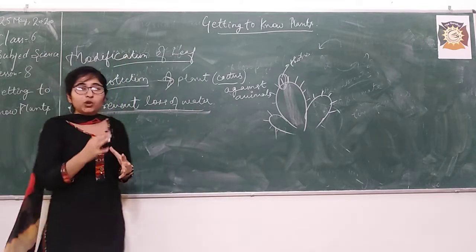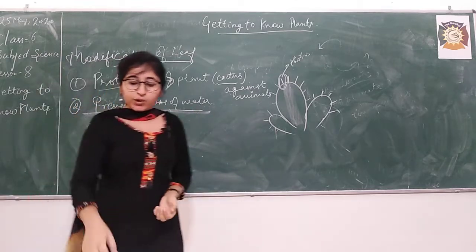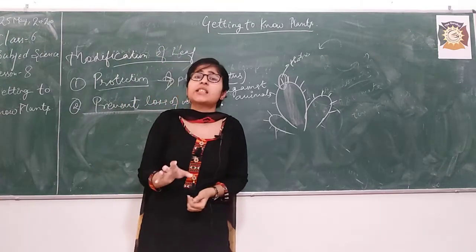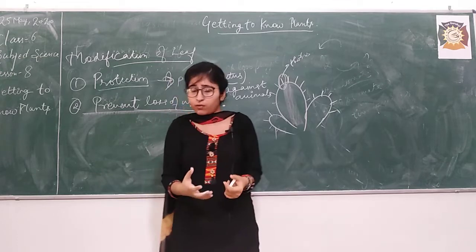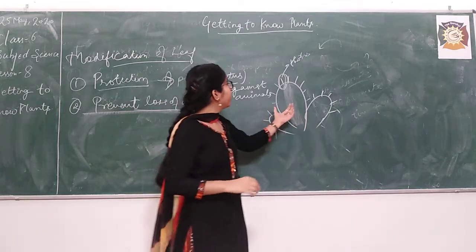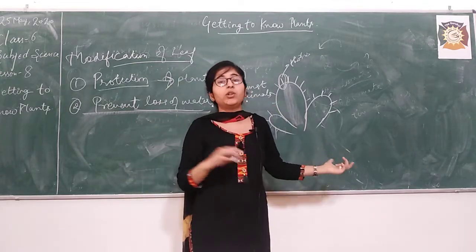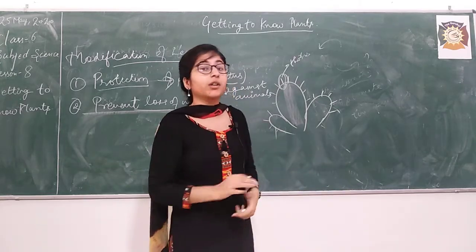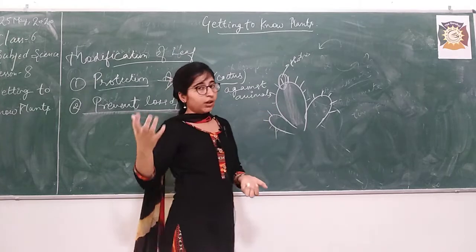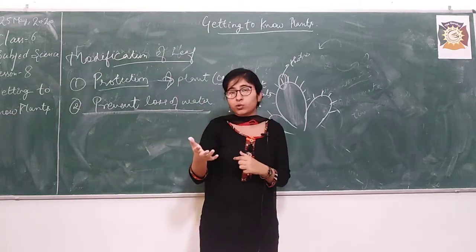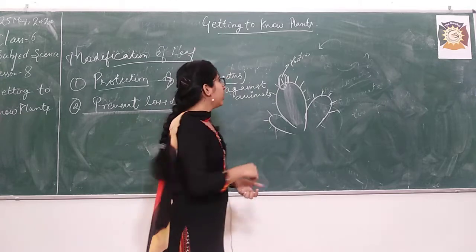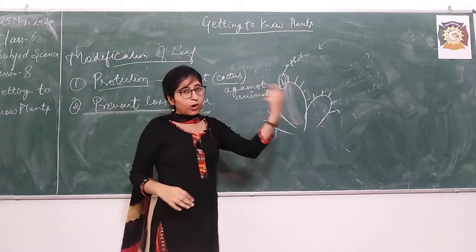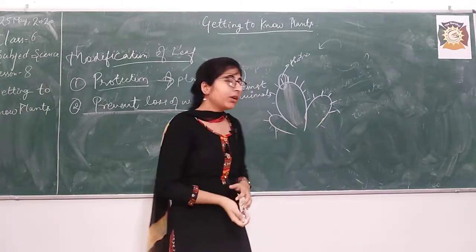Again, we know cactus plants grow in deserts, where we have very little water. There is always a shortage of water, right? So this plant will not get plenty of water. It will get only a short amount of water. Now we studied that water is lost from the plant through transpiration. If, like a normal plant, the water is lost to the surroundings, what will happen?